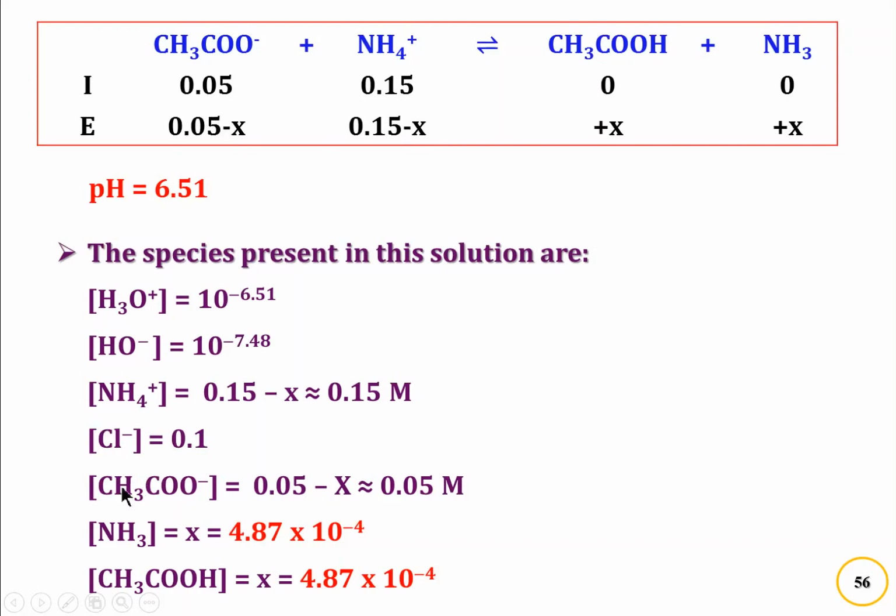The concentration of acetate is 0.05, and the concentration of ammonia equals the concentration of acetic acid, 4.87 times 10 to the minus 4. Cl- is a spectator, so its concentration is practically the initial concentration of the salt, equal to 0.1 molar.